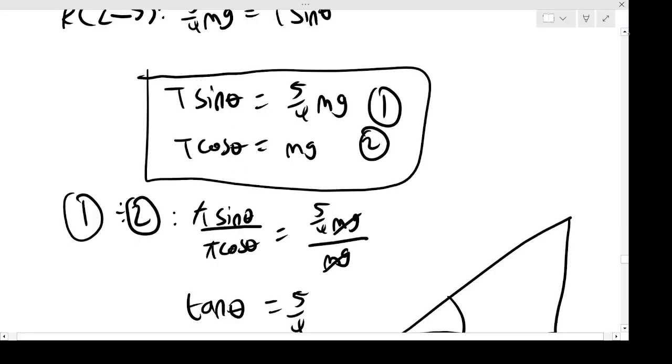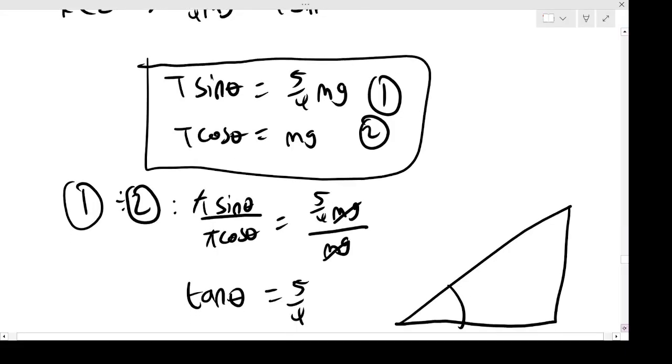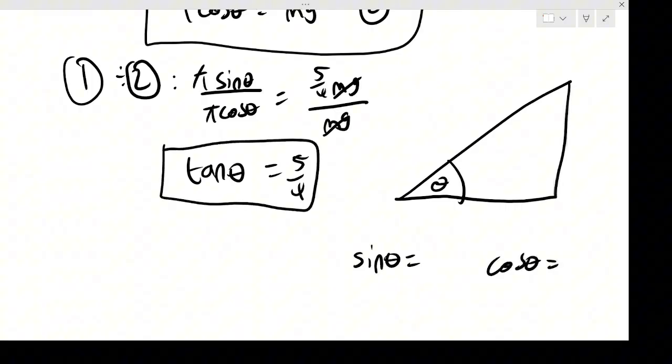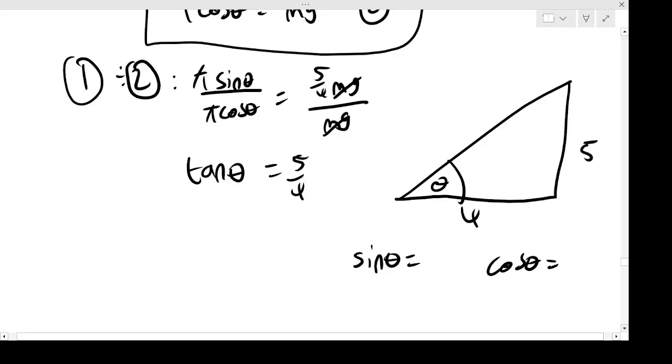That will allow me to work out T. So if we just want to work out cos and sine, we can consider a triangle like this. I know that tan theta is 5/4. I also know tan theta, due to SOHCAHTOA, is opposite over adjacent. So the opposite side must be 5 and the adjacent here is 4.